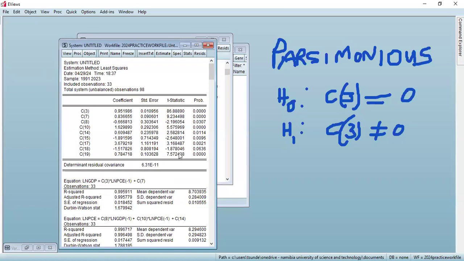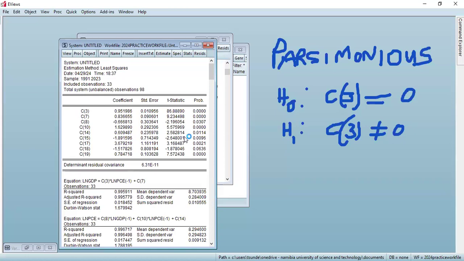These are the results. If you want to know whether a variable Granger causes another variable, you just look at whether it is significantly explaining the other variable.